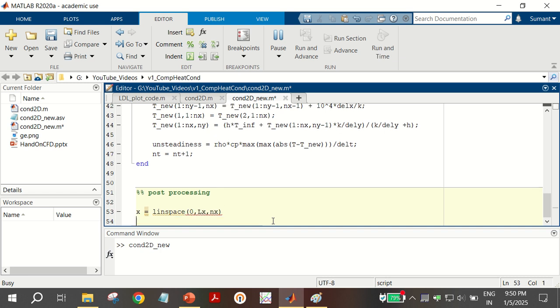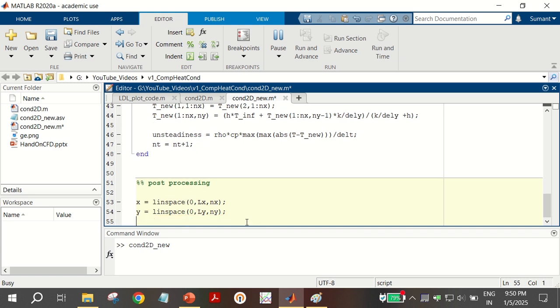And x y is equal to space 0 to L y n y. Okay, contour f and then x y comma t new.